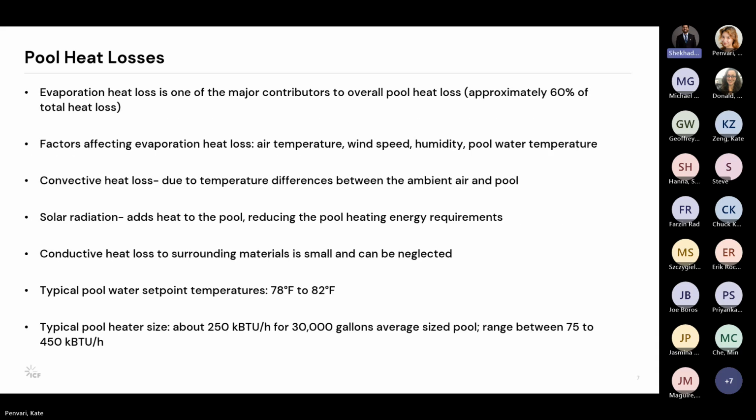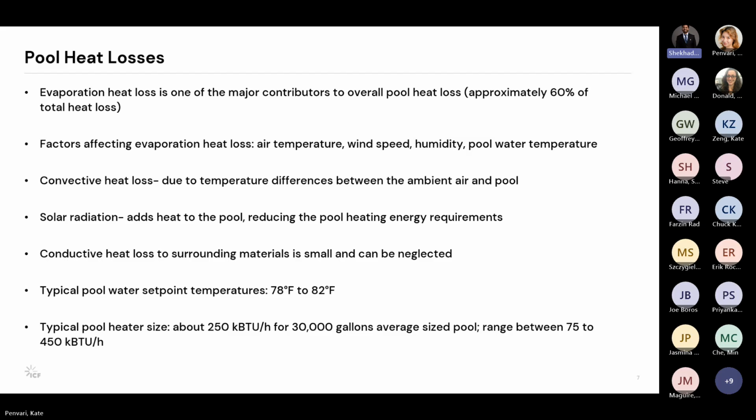So this is a brief background on pool heating and pool heat losses. There are several heat loss components from pool that causes the temperature to drop to uncomfortable levels. Previous research indicates that major contributor is evaporation heat loss. It is approximately 60% of the total heat loss for outdoor pools.